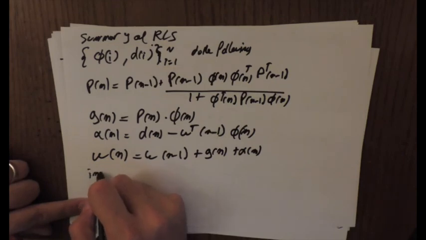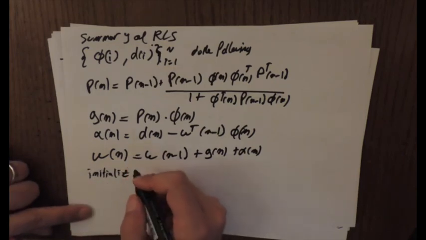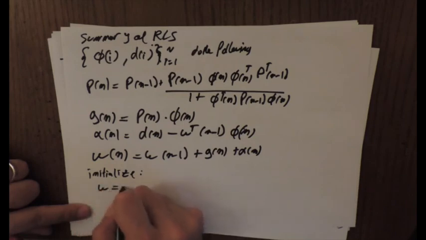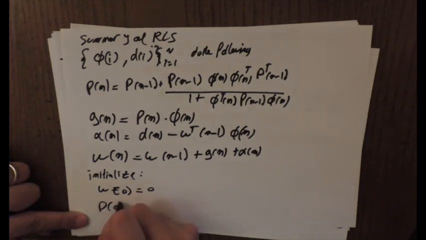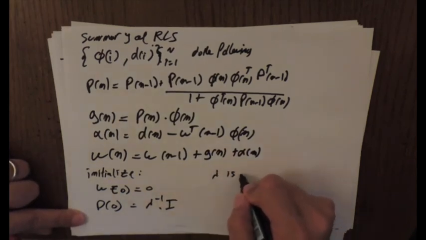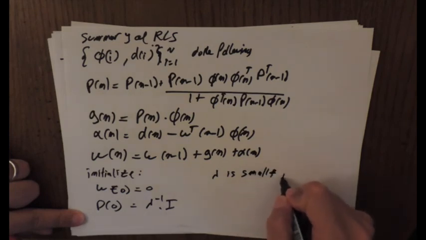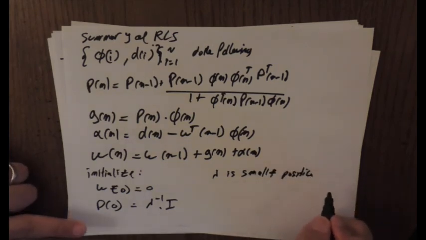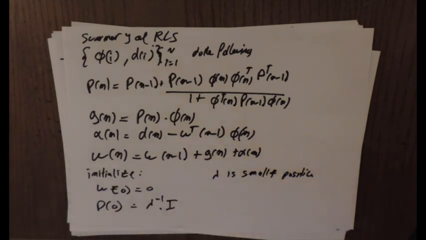We initialize the algorithm as follows. We have W at iteration 0 equal to 0, and P of 0, the first P matrix, is equal to lambda minus 1 times the identity matrix, where lambda is small and positive. Of course, lambda is used in the error function, the average error function, as the regularization parameter when minimizing the error.